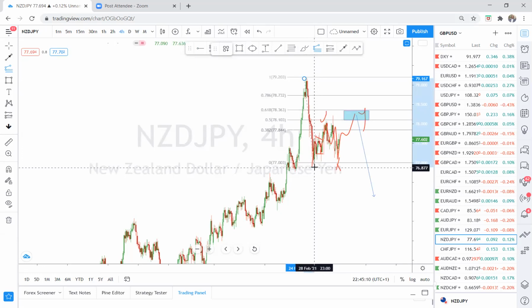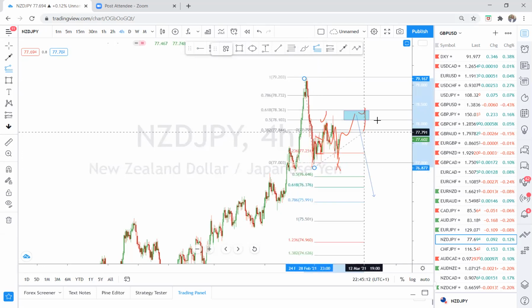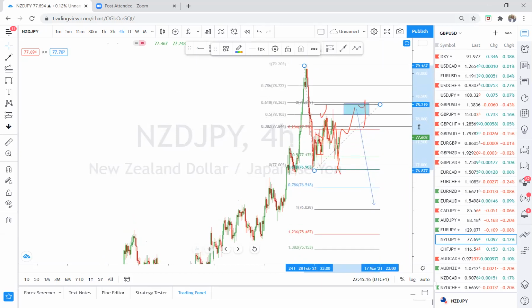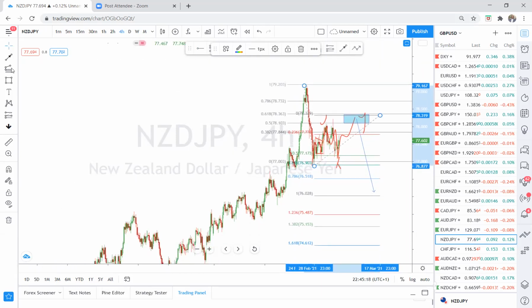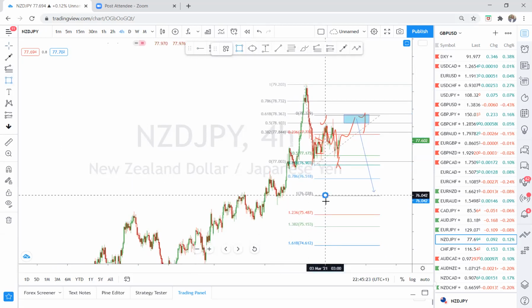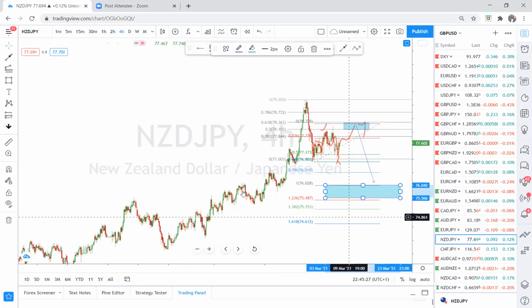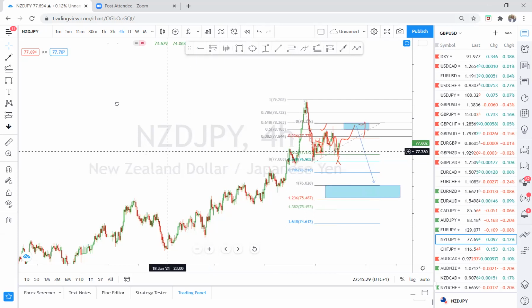You fib it this way from top to the end of correction and back to the end of correction here, and you look at where you have between 100% to 123% retracement, this level. That is where we want this correction to hit before you can proceed to the upside.